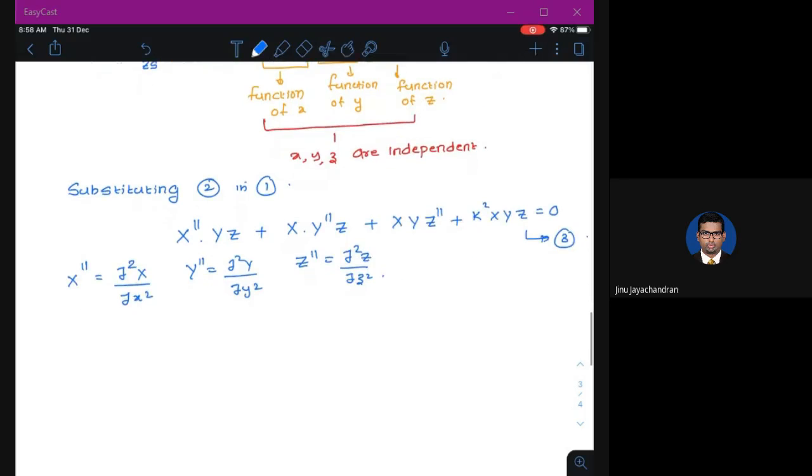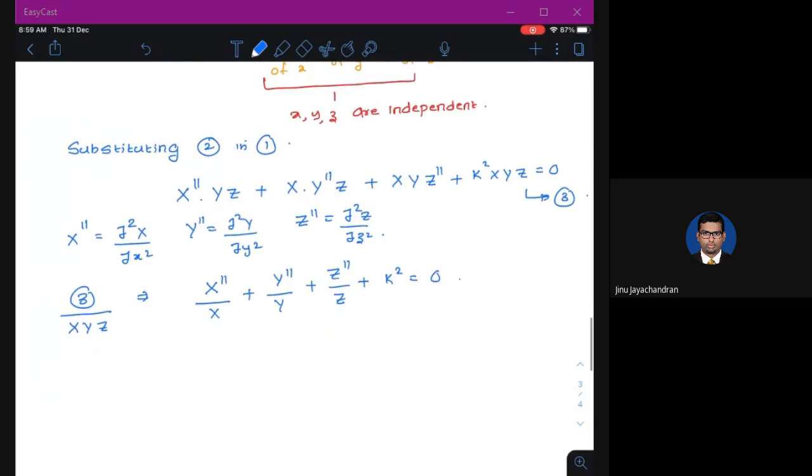Now let me divide equation number 3 by XYZ. Implies I can write as X double dash by X plus Y double dash by Y plus Z double dash by Z plus k square is equal to 0. So why did I do that? Because I want to make sure that each term is a function of only one variable.